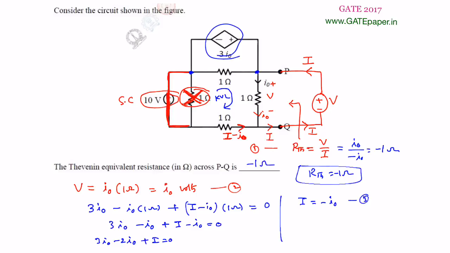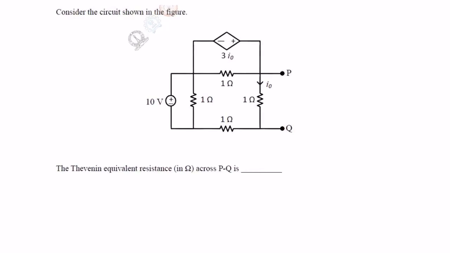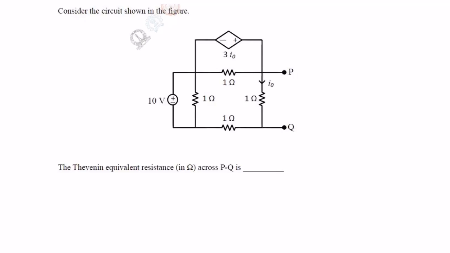You can also do the same problem in a different method, where instead of applying a voltage source, you can apply a known current source. Okay, second method we will see. In this second method, across the terminals of interest where you are going to calculate RTH, you apply a known current source.